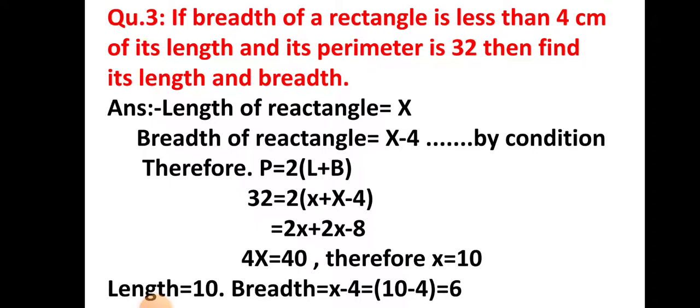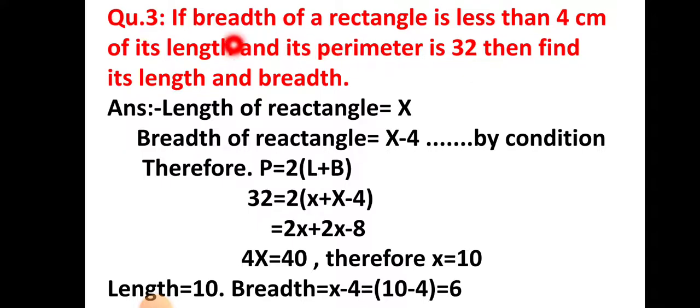Now, next question. Question number 3. If width of a rectangle is less than 4 cm of its length and its perimeter is 32, then find its length and width. Given perimeter 32, find length and width. Suppose length of rectangle is x, and width of rectangle equal to x minus 4 by condition.